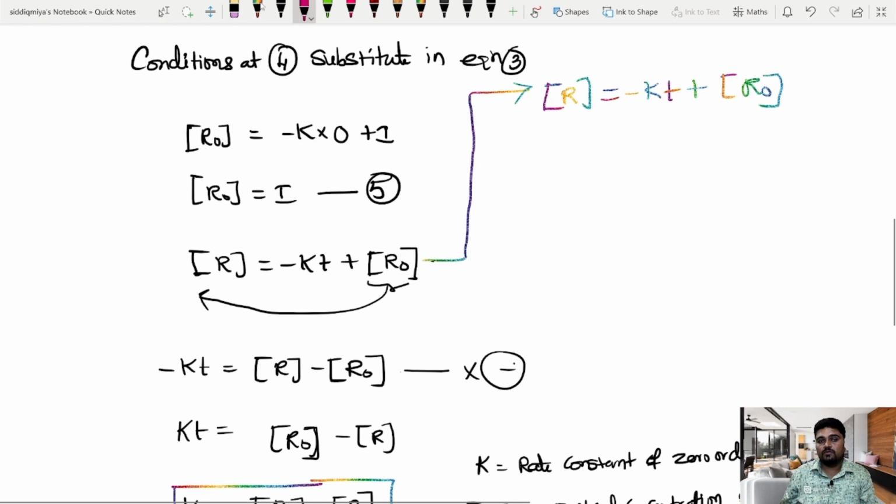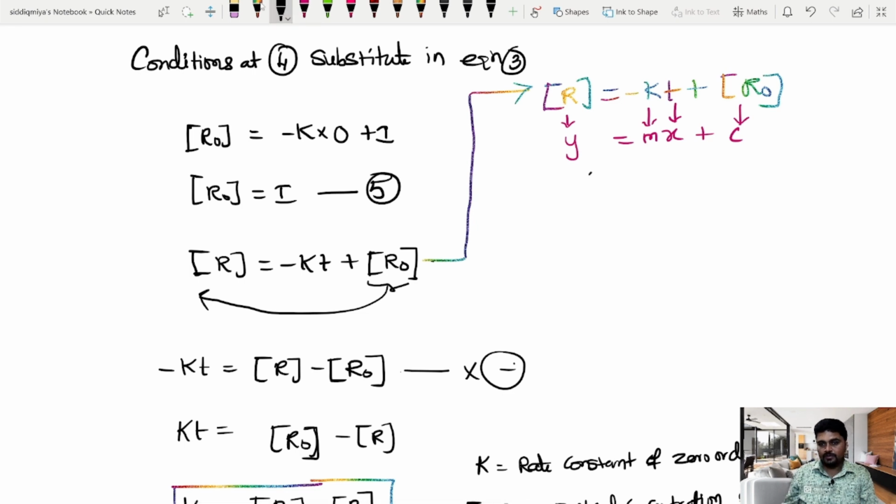Which graph can we plot from this? It is y is equal to mx plus c. On the y axis we take R, the slope m is minus k, the x axis is time, and c is R naught.